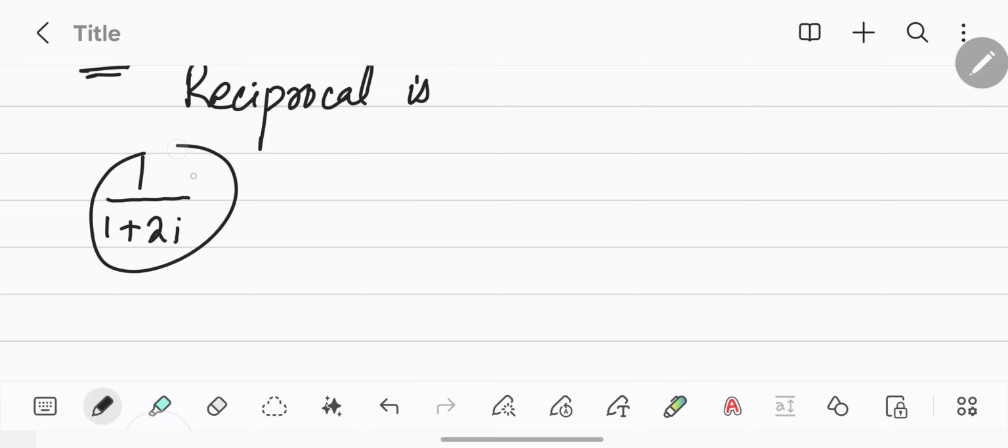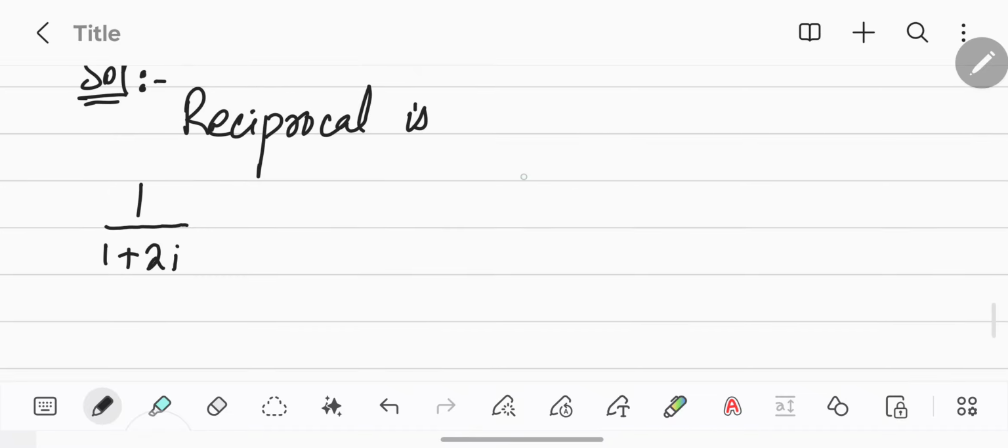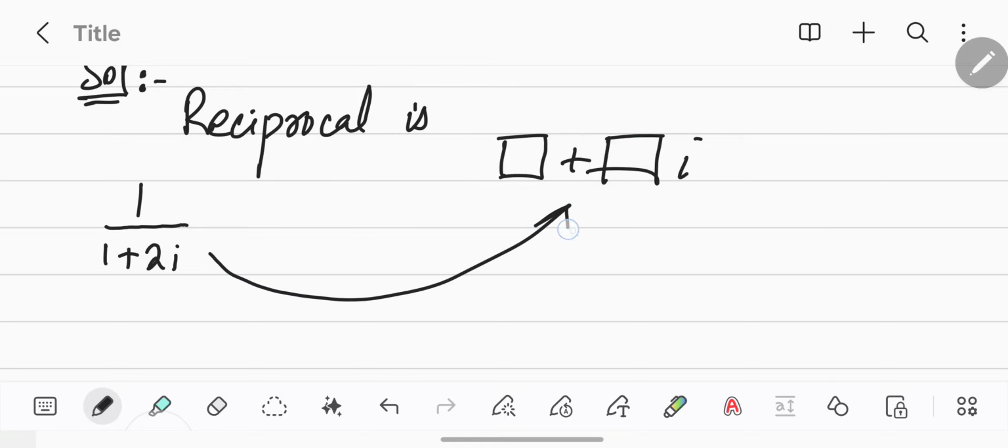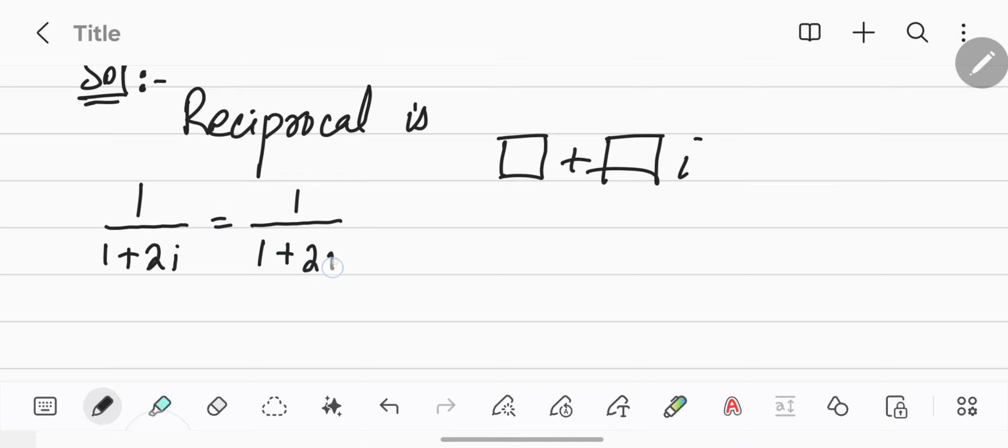Now, this is the reciprocal, but I don't know whether it is a complex number or not, because my complex numbers are always in this form: something plus something times iota. So I will convert this into this form. What will I do? I will multiply and divide the denominator with its conjugate.